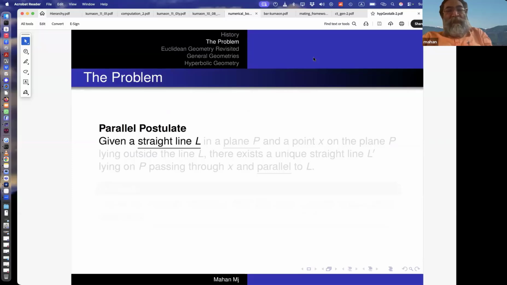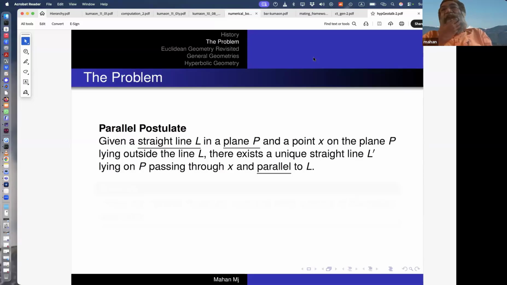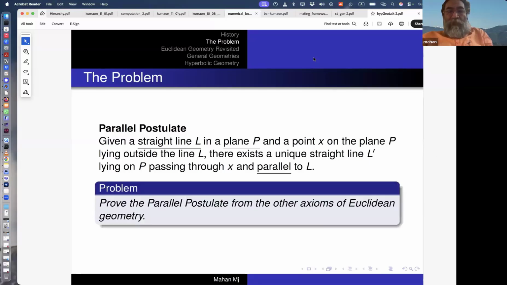And here's an equivalent formulation: given a straight line L in a plane and a point X in the plane lying outside L, there exists a unique straight line L prime in the plane, passing through X and parallel to the line L. Given a straight line and a point outside it, there is one and only one line parallel to the first line through the point. And this is Euclid's problem: prove the parallel postulate from the other axioms of Euclidean geometry.